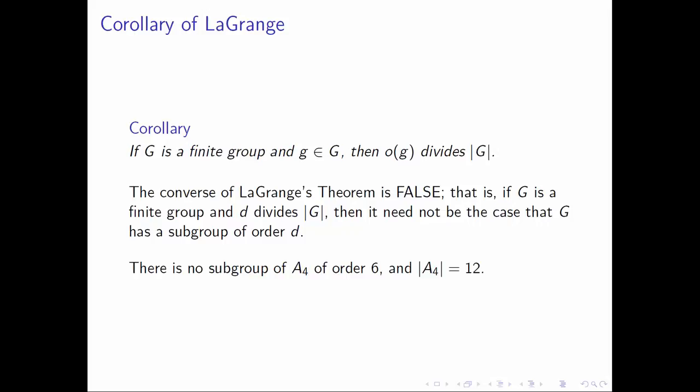Remember, this is the alternating group on 4 letters, the set of even permutations on 4 letters. S4 has size 24, and exactly half of the permutations in S4 are even, so A4 has size 12. 6 is a divisor of 12, and yet you can prove, and we will in the next set of slides, that A4 does not have a subgroup of order 6, even though 6 is a divisor of 12.